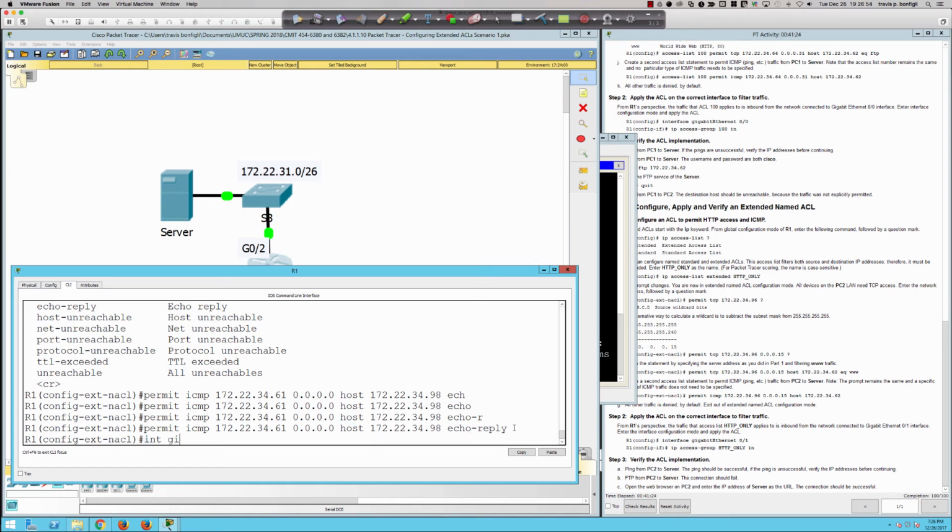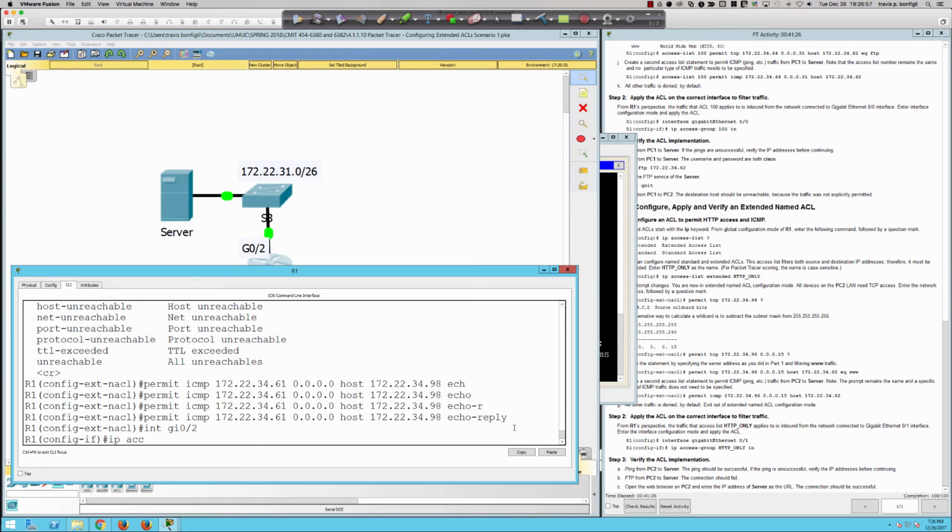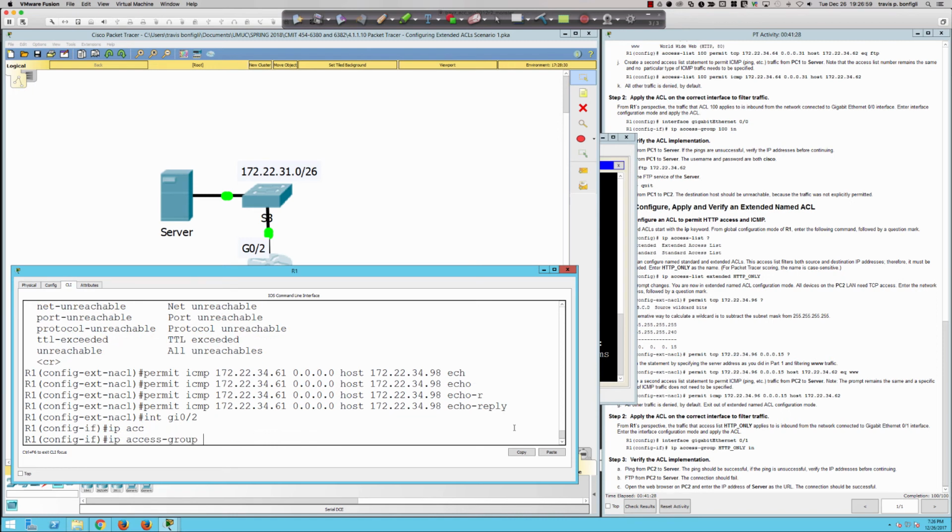So let's go into interface Gig0/2, and let's say IP access-group, and what did I call it? I think ICMP_reply is what I called it. There we go. And I'm going to put it in the inbound direction. So again, when we say the inbound direction, we're saying it's coming into the Gig0/2 interface this way.